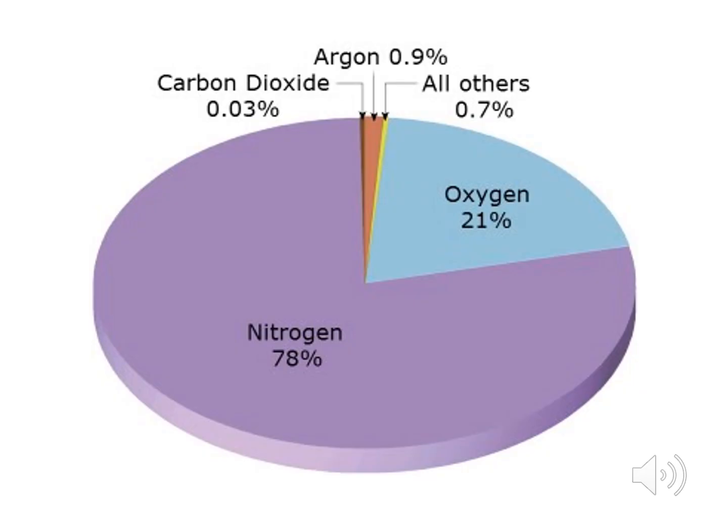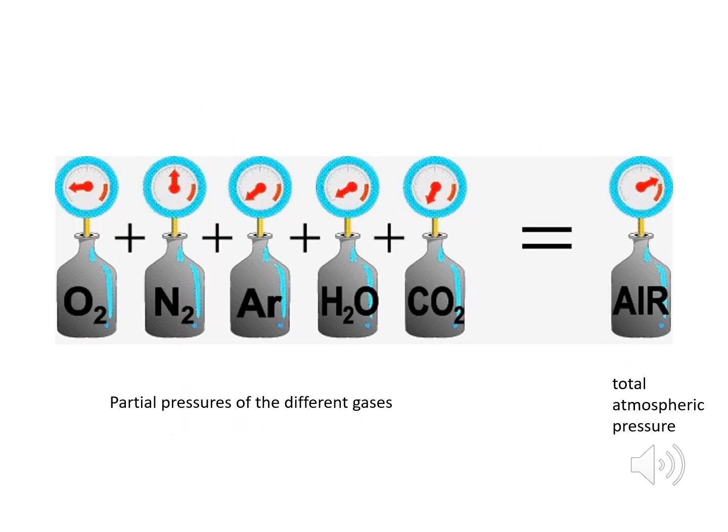And if you were to add up all the partial pressures of all the gases in room air, you would get total atmospheric pressure. So this is an illustration of how if you add together all the partial pressures of all the gases in room air, you get total atmospheric pressure.